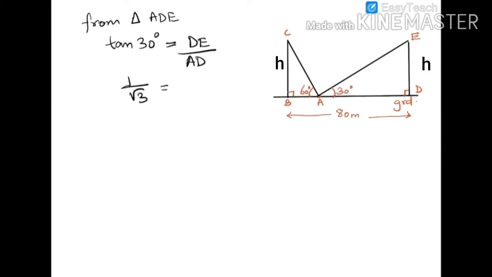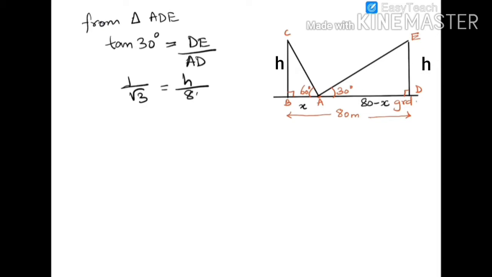So from triangle ADE, we can write tan 30 degrees is equal to DE upon AD. Tan 30 degrees is 1 upon √3. DE is represented by H and AD is 80 minus X because we have taken AB as X.